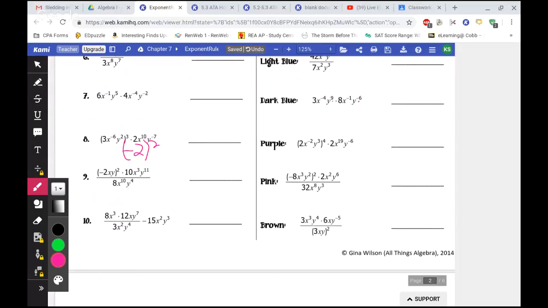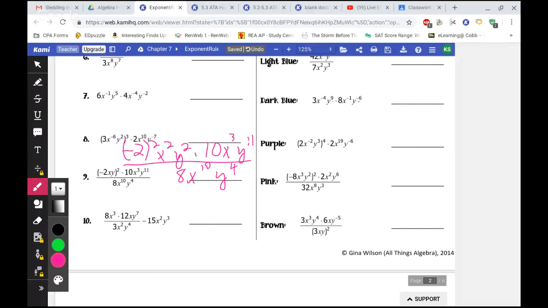And then I'm going to distribute the 2 to the x and the y. And there's an understood 1 exponent on the x and an understood 1 on the y. So that would be x squared, y squared times 10x cubed y to the 11th all over 8x to the 10th y to the 4th.